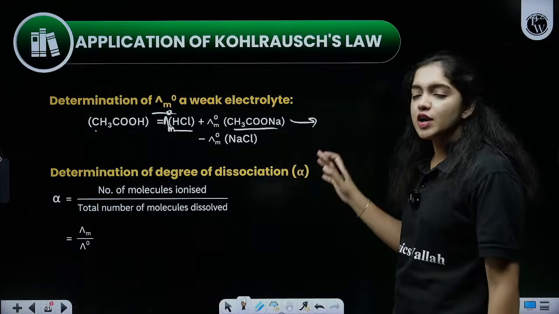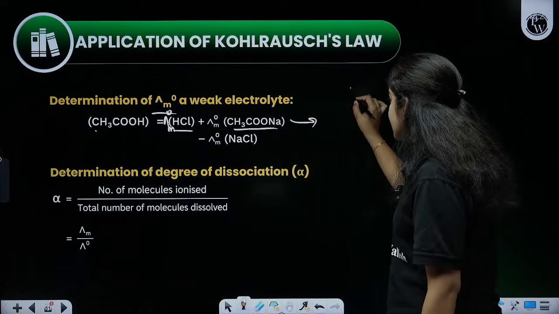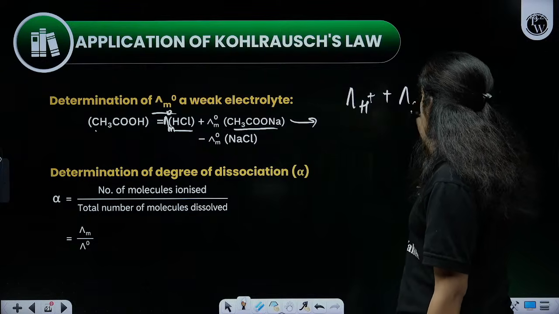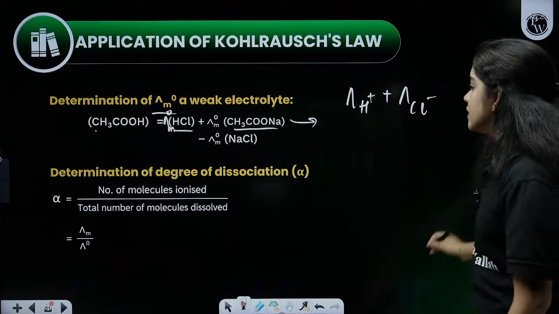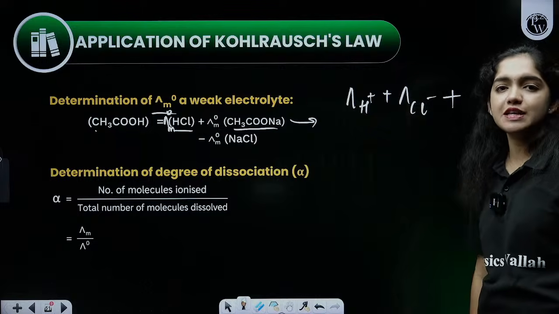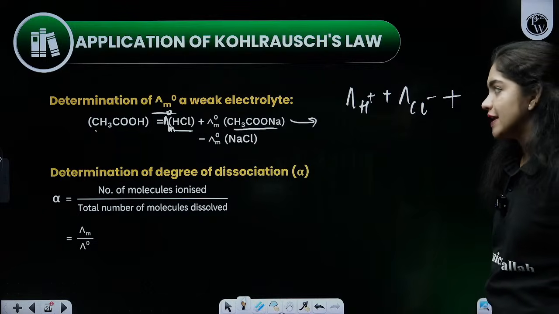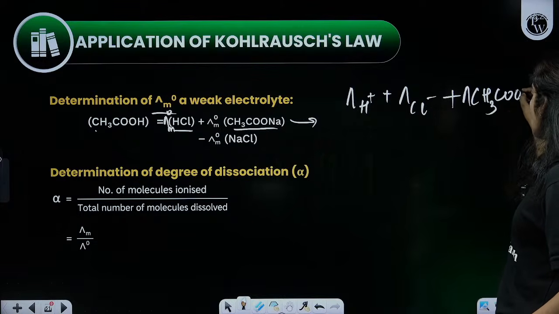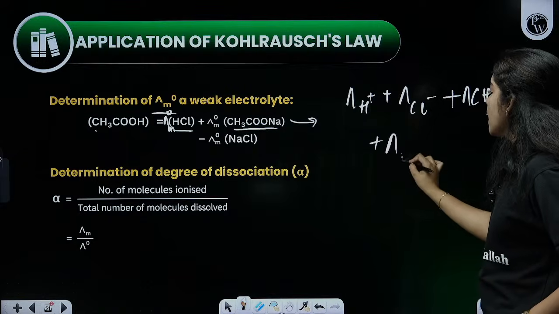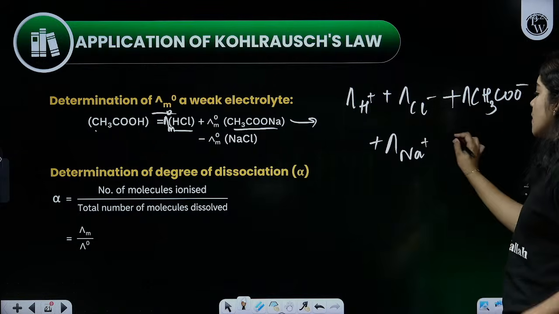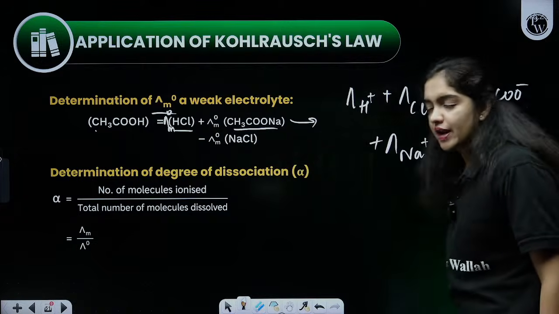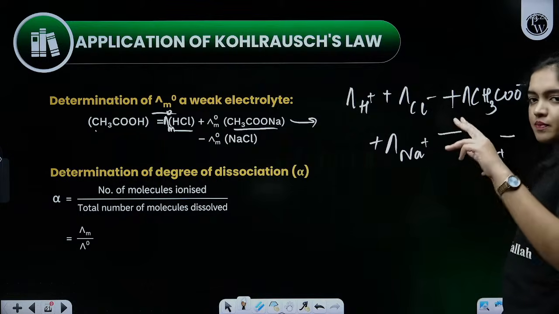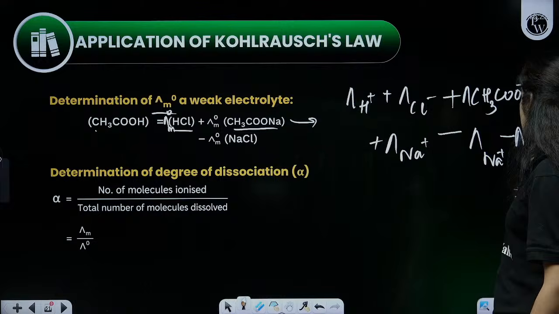For this question, we write HCl as lambda H plus plus lambda Cl minus. Then plus CH3COONa, whose dissociation is lambda CH3COO minus plus lambda Na plus. Then minus NaCl; look at the sign, it is minus. When we take the minus inside, NaCl becomes minus lambda Na plus minus lambda Cl minus.